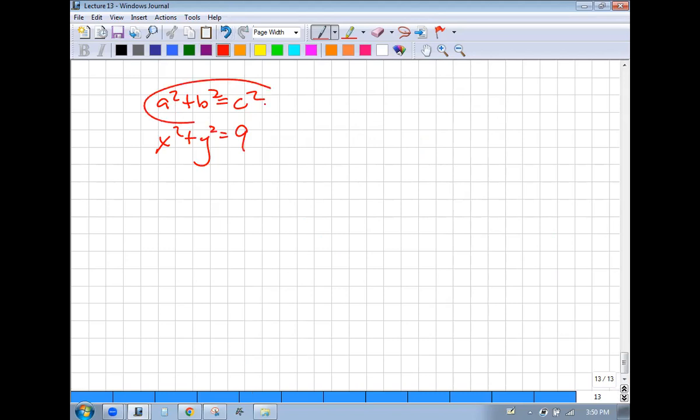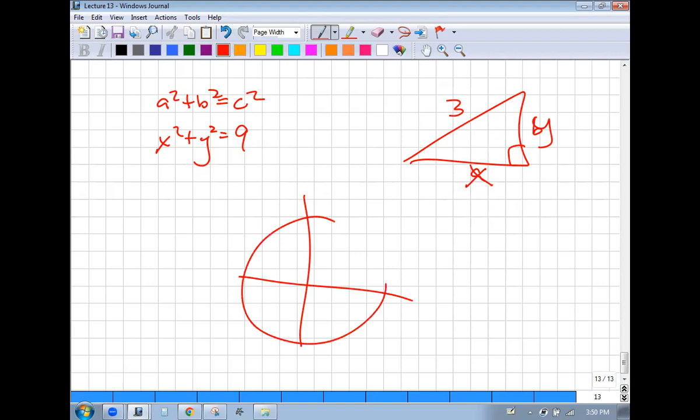You look at this and you think a triangle, right? Like this, A, B, C, a right triangle. Well, I'm just saying this is X, this is Y, and this is 3. So if X and Y can change, think about this. Here's a circle of radius 3.